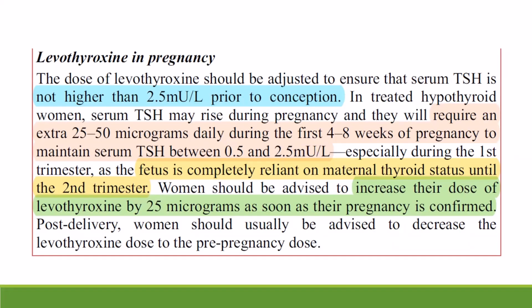Because the fetus is completely reliant on maternal thyroid status until the second trimester, until maturation of the fetal hypothalamic-pituitary-thyroid axis. So we will increase the dosage of levothyroxine by 25 microgram as soon as the pregnancy is confirmed, or by 25 to 50%.